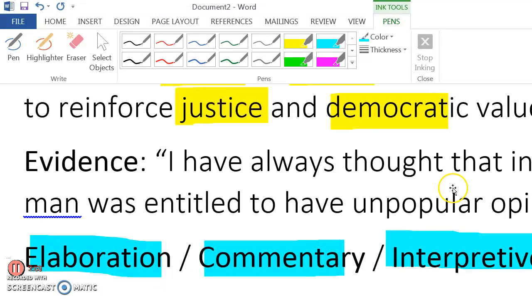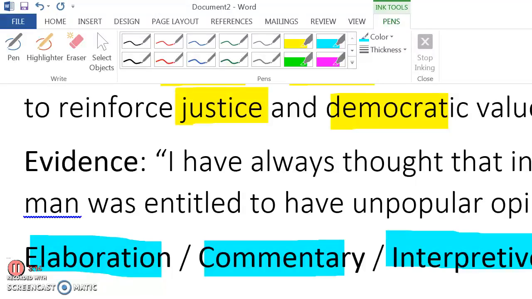Okay, so Juror 11's statement and appeal to ethos. I do think that this is a strong ethical appeal.